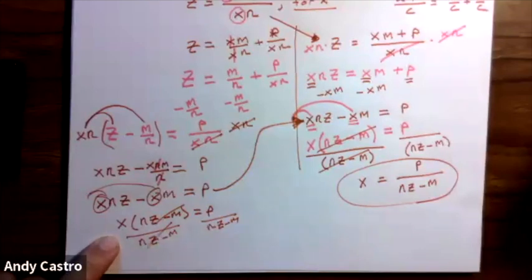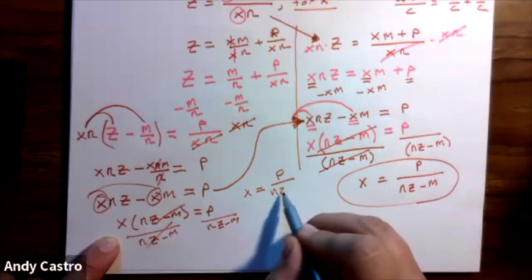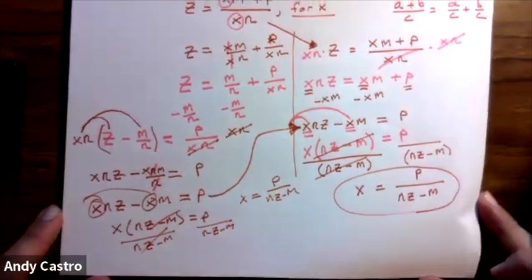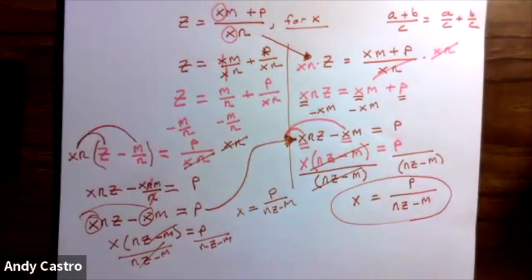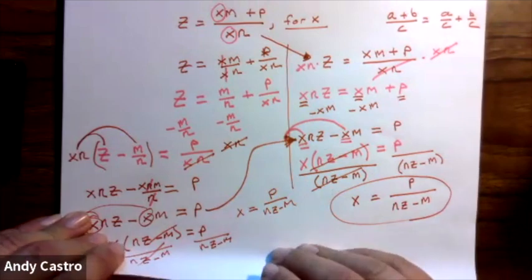It would cancel on the left side. x is equal to p over nz minus m. So you can still work it out that way. As long as you do legal math, you will always arrive at the right answer. There is no set way that you have to do these. Okay.